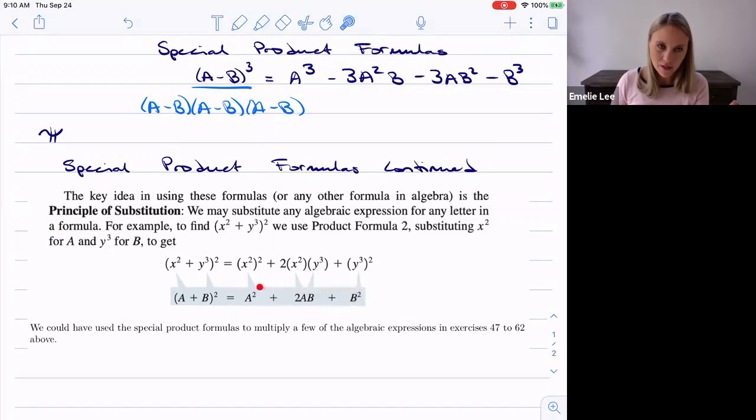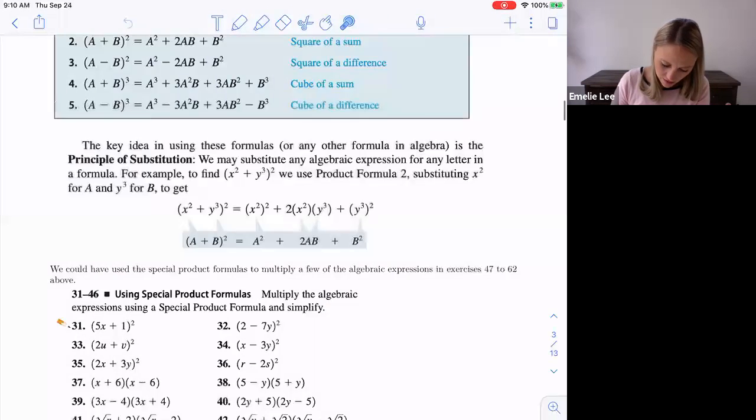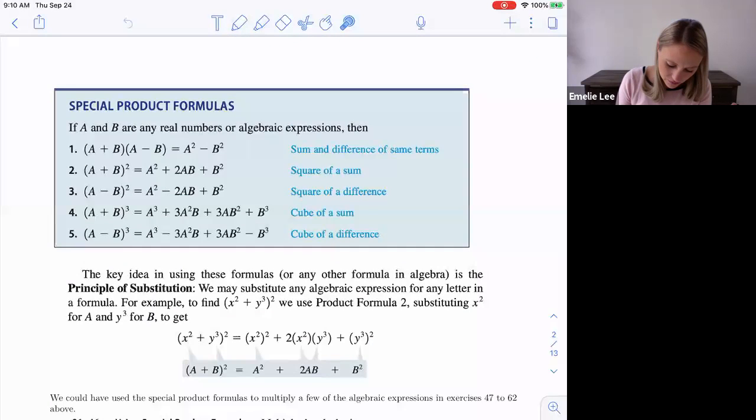Or if we have something easier to look at, if we can convince ourselves that we have something that looks like a squared plus 2ab plus b squared, even if it's not a nice a or b, if I can see something and convince myself, okay, that's going to be my a, and whatever I'm seeing is going to be my b.